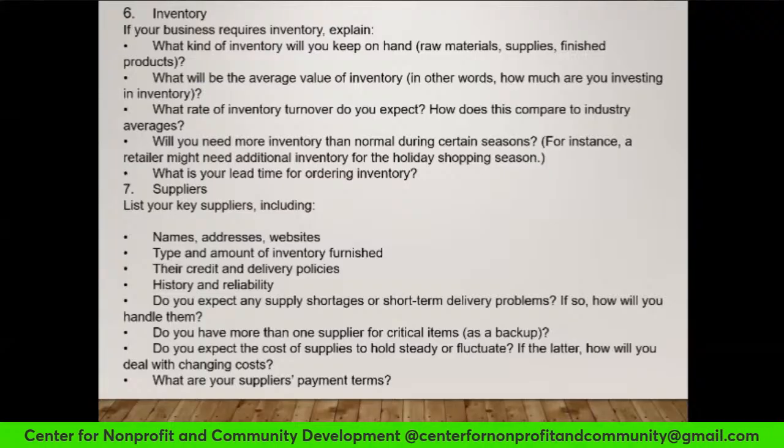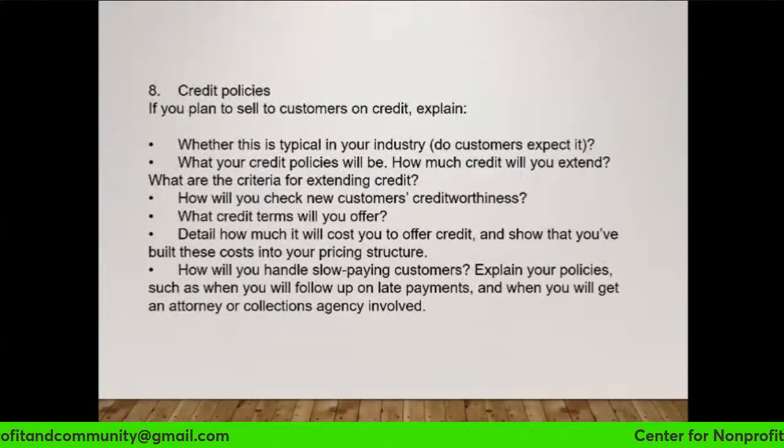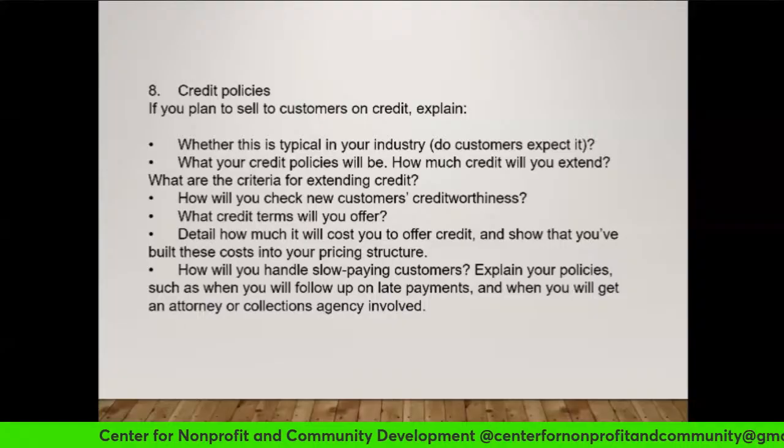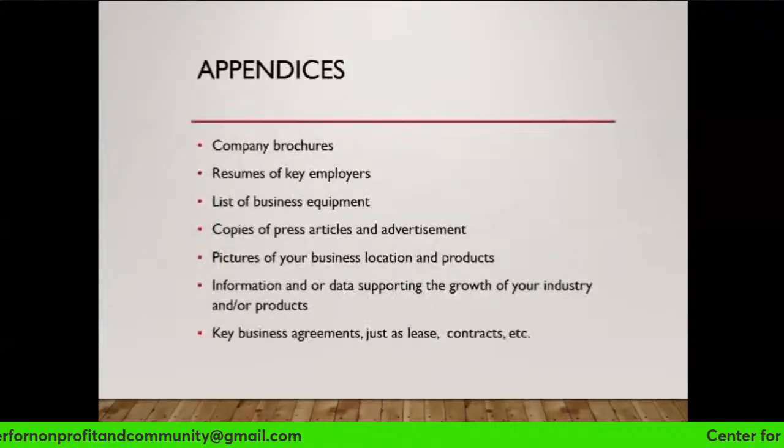And then next is your suppliers. You should list your key suppliers, their name, their address, and other pertinent information. And your credit policy. Is it a policy that includes cash only? Or is it one that allows a person to pay in 30, 60, and 90 days?